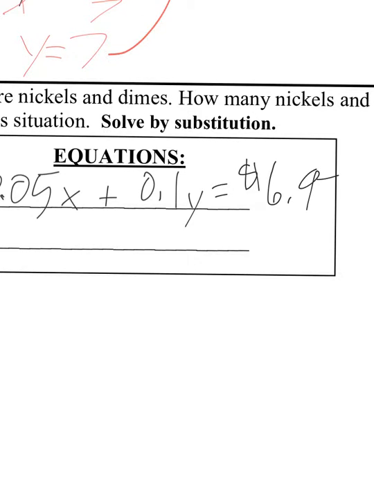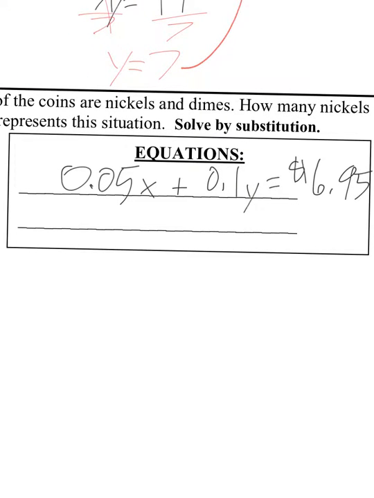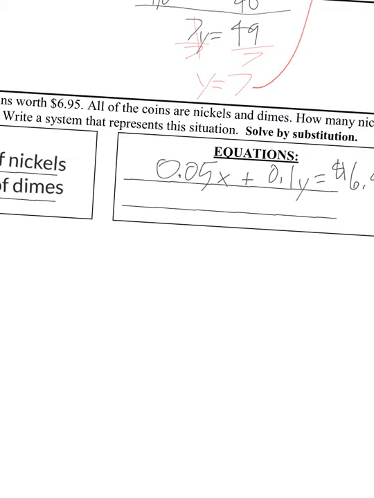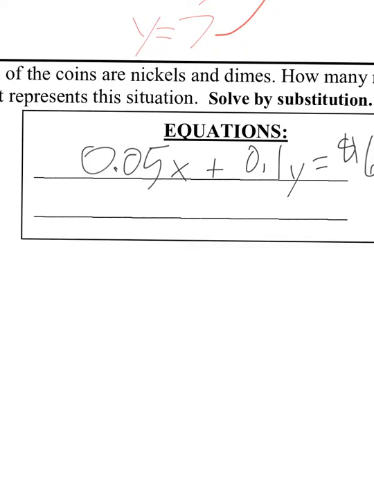So I wasn't explicitly told all the dollar amounts, but you do know the dollar amount of a nickel and a dime. All right, so that was the tricky part there. And then it says you have a total of 100 coins. If it says that, you can just do x plus y equals 100.